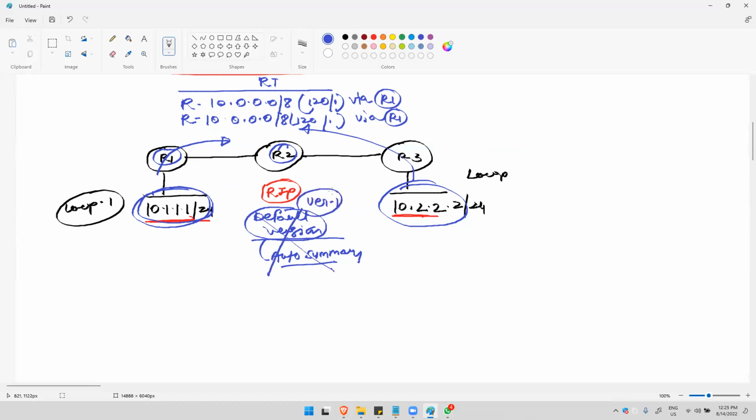If we are running version 2, then it is possible. How? Go to R1 and say no auto-summary. Then it will advertise the actual network, the individual routes, 10.1.1.0, and we get subnet mask /24. And again we get the network on this side also.